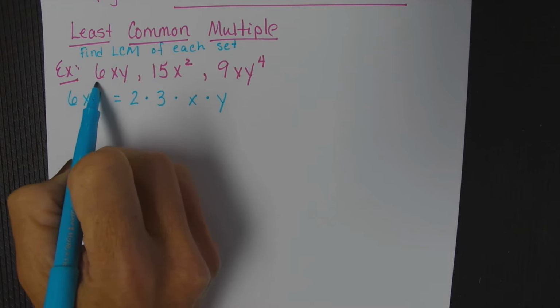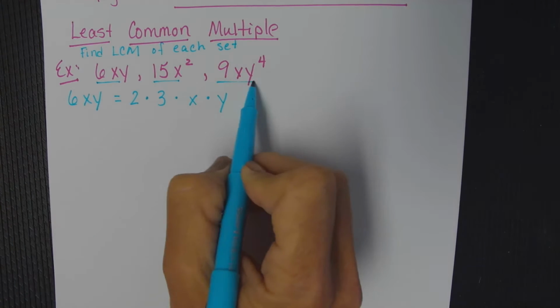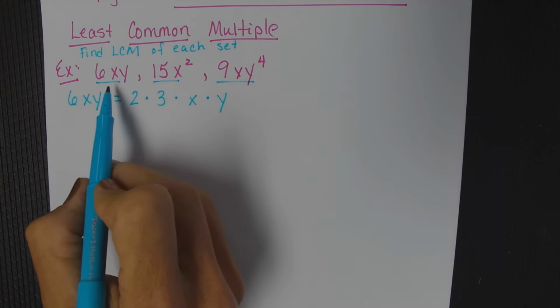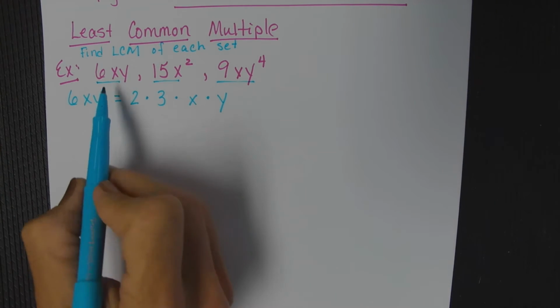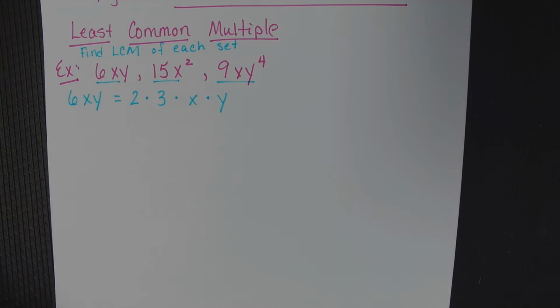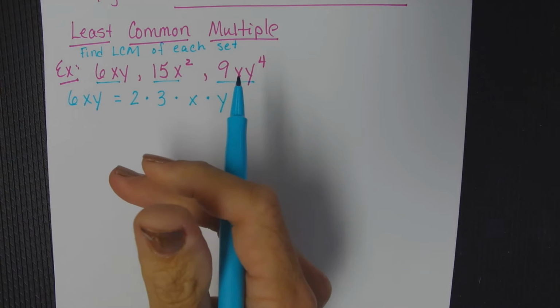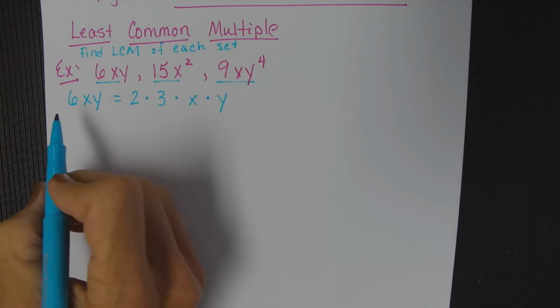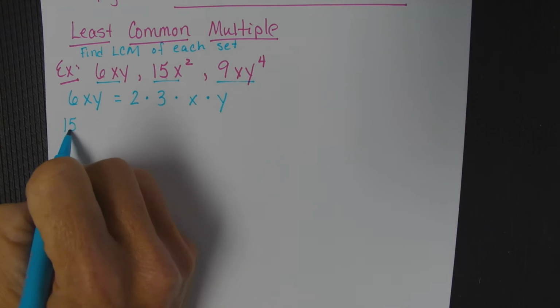Just a refresher, these are monomials. Mono means one term. We have 3 separate terms, 1, 2, and 3. Do you remember what separates them? Addition or subtraction.